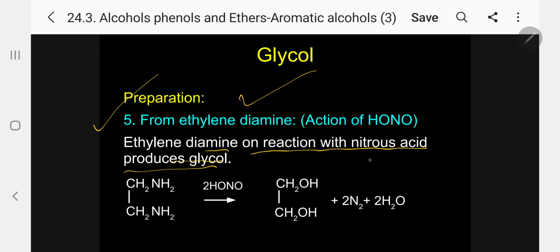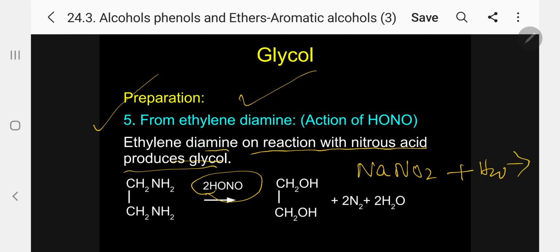You know already nitrous acid is not stable and is not available in the laboratory. So whenever we want it, we take sodium nitrite and add water or HCl, and correspondingly nitrous acid is produced. Kindly follow.